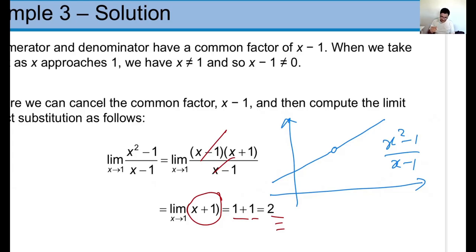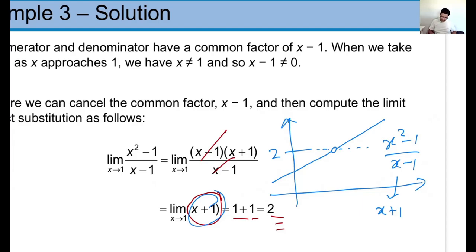You will see, on a calculator graph or any other graph, if you just ordinarily look, the graph of x plus 1. Basically, what you see here is what the graph of x plus 1 will look like. And that height, this value was 2 here, which is the limit.